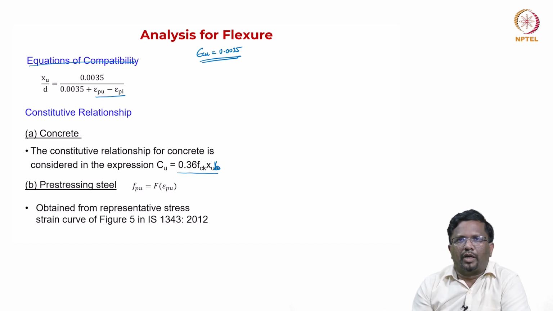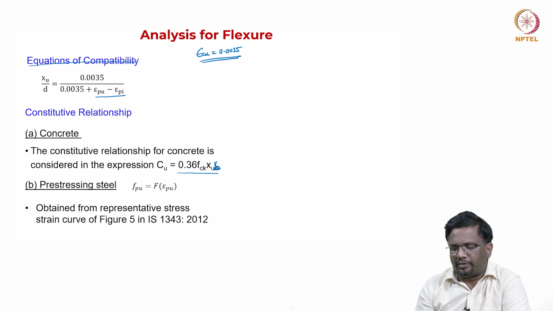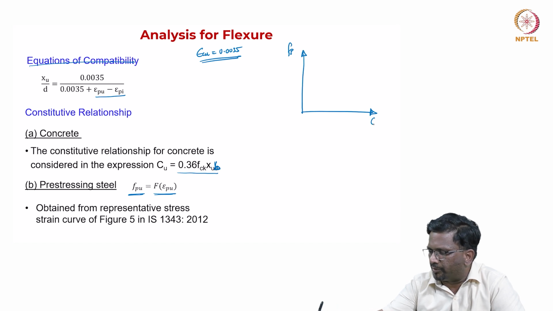right. And for pre-stressing steel, because we are going to use the design bilinear curve, the stress in the pre-stressing steel should be a function of your epsilon pu, because we do not know where this strain epsilon pu is going to be. We have taken Fp and epsilon p, so we take this kind of a bilinear curve, right.